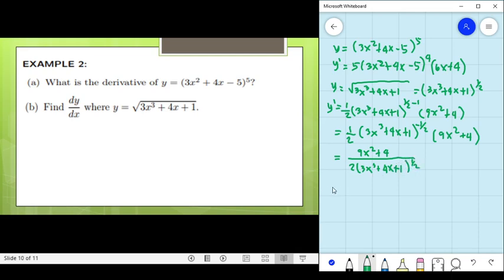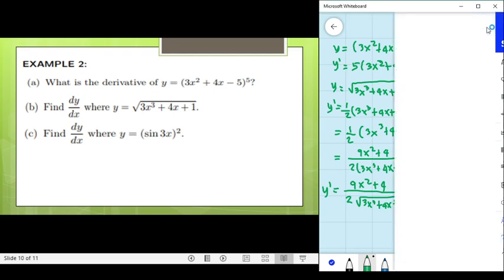And then we make it radical form. So y prime therefore is 9x squared plus 4 all over 2 times the square root of 3x cubed plus 4x plus 1. Okay?